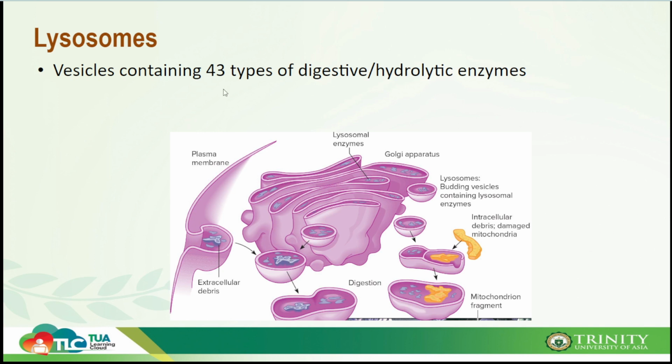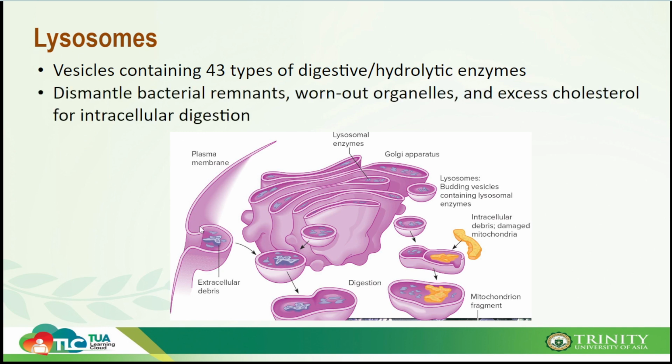And if a vesicle contains digestive or hydrolytic enzymes, then that is what we call a lysosome. So basically what it does, the cell gets different kinds of toxic materials from outside, and the lysosome will bind to those toxic materials and digest them. And as we can see here, extracellular debris were taken inside the cell. It was combined together with your lysosome, and it was basically digested.